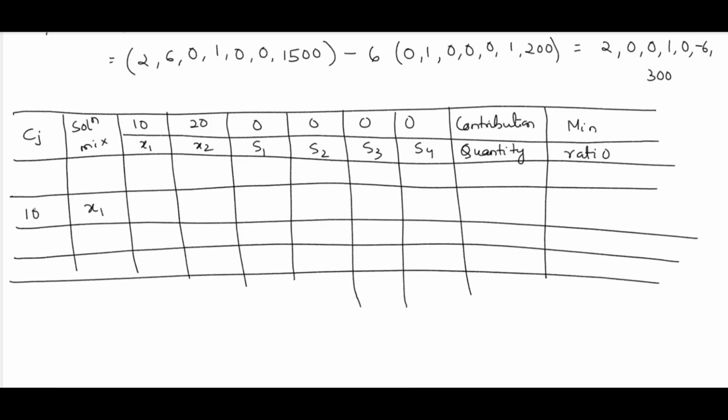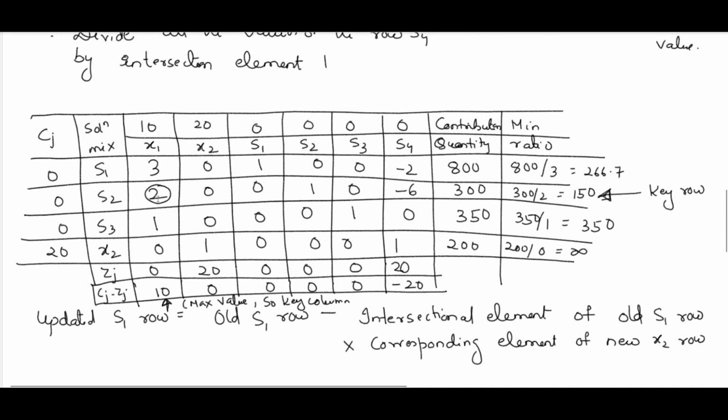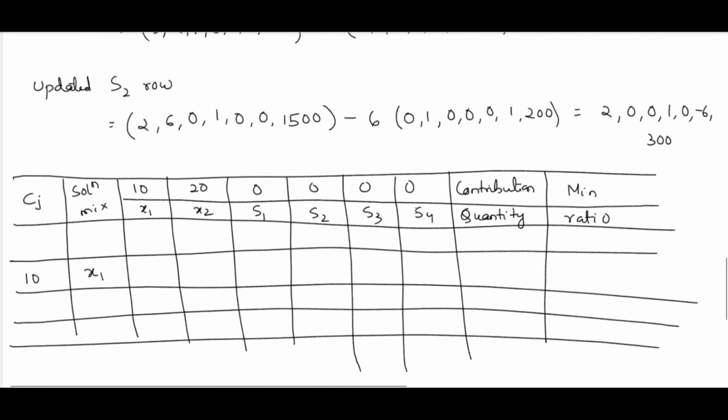So now we will divide each element by this element 2. That means 2 by 2, 0 by 2, 0 by 2, 1 by 2, 0 by 2, minus 6 by 2, 300 by 2. So if we divide, we will get 1, 0, 0, 1 by 2, 0, minus 3, 150. So this row we have completed.